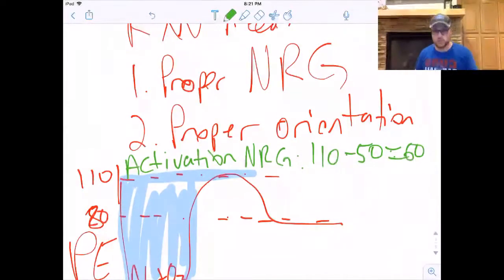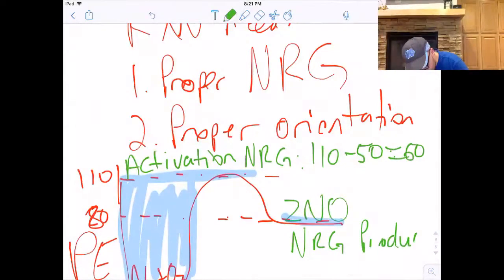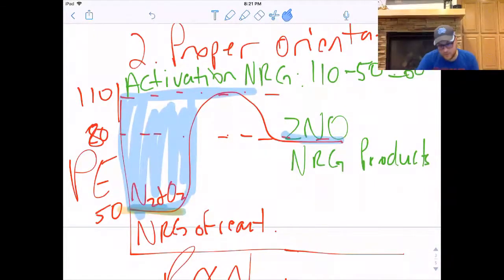And then when they react, they will form products. In this case, 2NO. So here is the energy of your products. So when we look at this curve, we start at 50 and we end at 80.